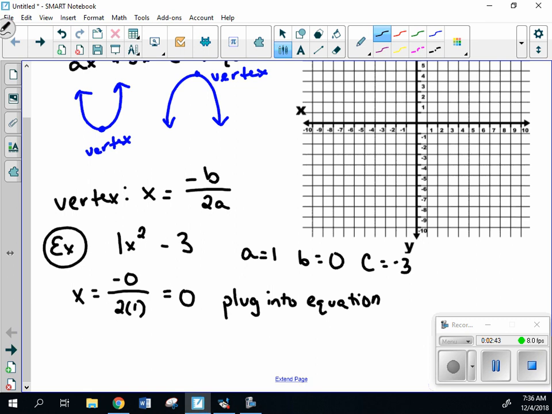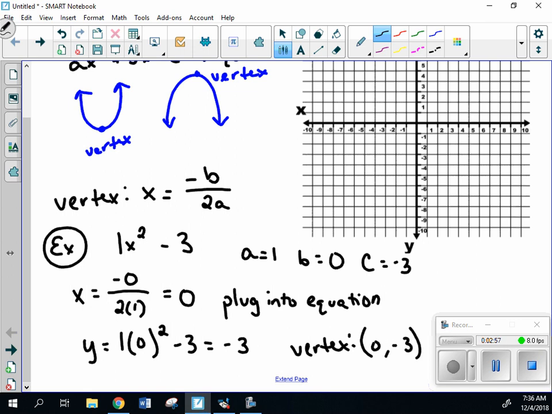When I plug that in, y is now 1 times 0 squared minus 3, which is negative 3. My vertex is located then at 0, negative 3. So looking at the graph, I'm going to go ahead and plot that point, 0, negative 3.